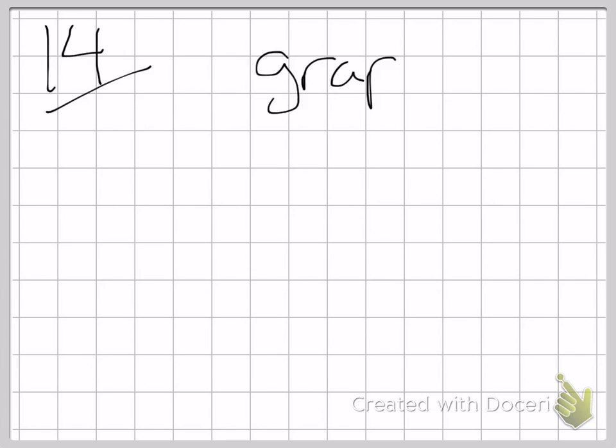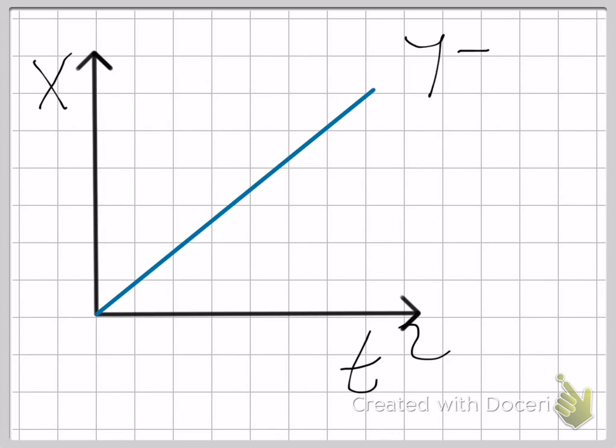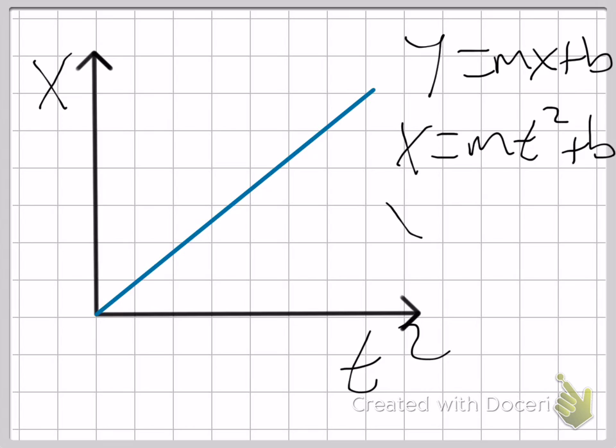Okay, so 14 is looking at the same data, but in a linearized graph rather than a velocity graph. So we're going to graph x versus t squared. When you graph x versus t squared, you are going to get a linear graph. Big surprise.